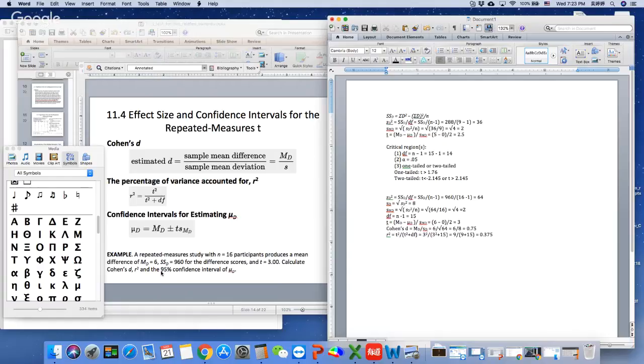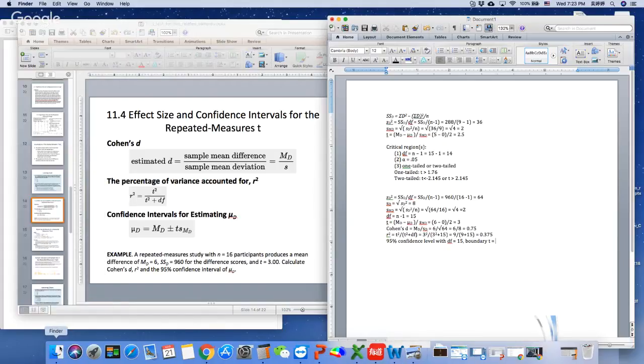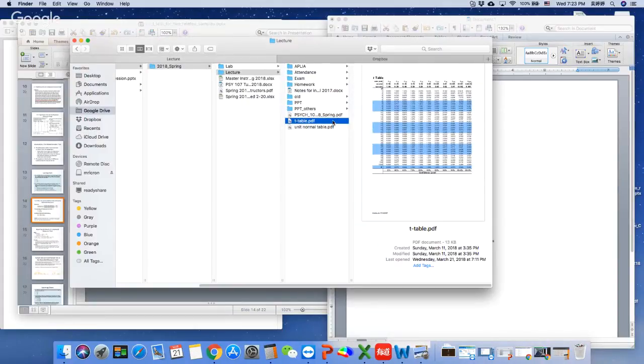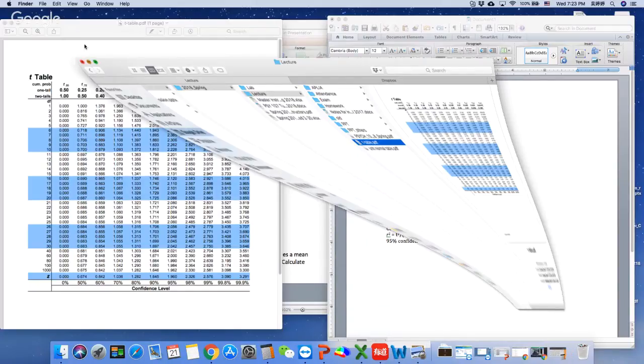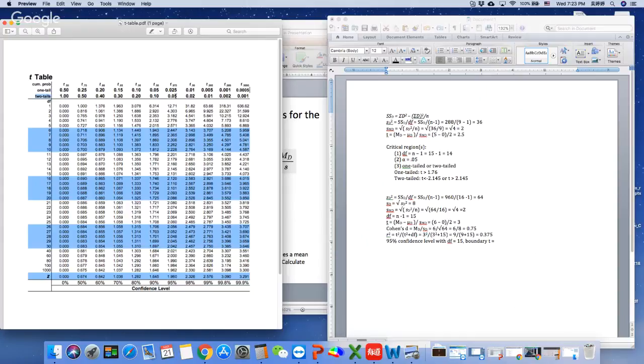Then we are going to compute the 95% confidence interval for the mu D. So here for the 95% confidence level with df equals 14, the boundary t, we have to use the t table again. 95% means a two-tailed distribution with 5% left in two tails.